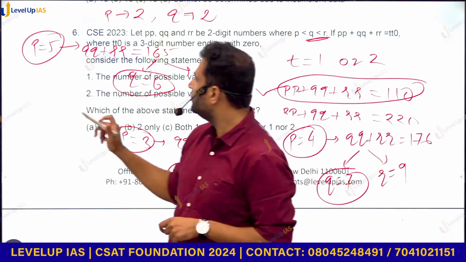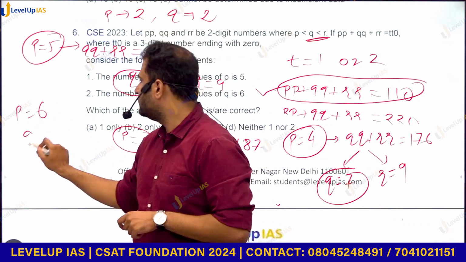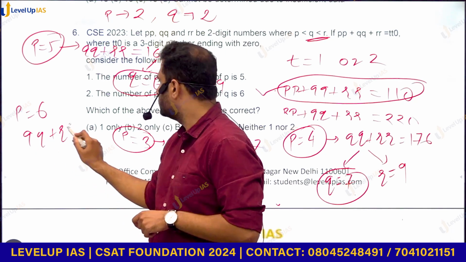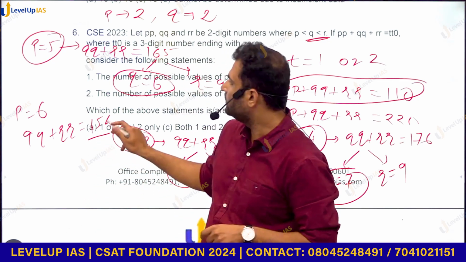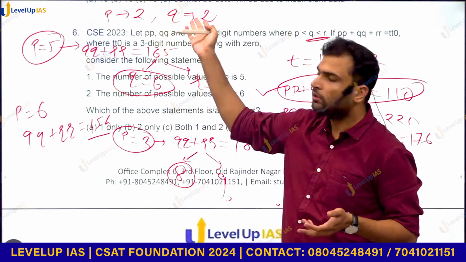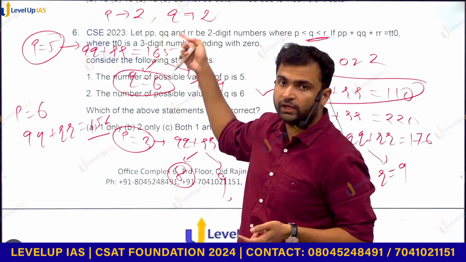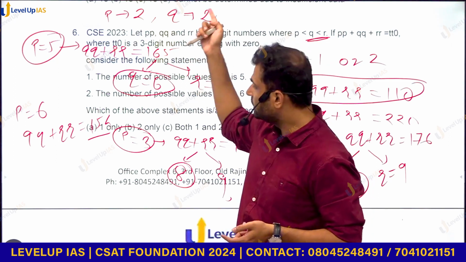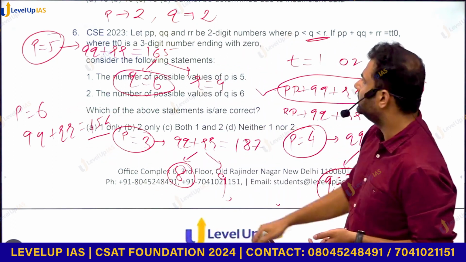Now if we have P is equal to 6, we'll get contradiction here. Then you'll have QQ plus RR is equal to 154. And here again we start with 2 and 3, we already have valid Qs. So for Q is equal to 3 and 4 there was validity. Q is equal to 5, you will get 9. But Q is equal to 5 is already there.